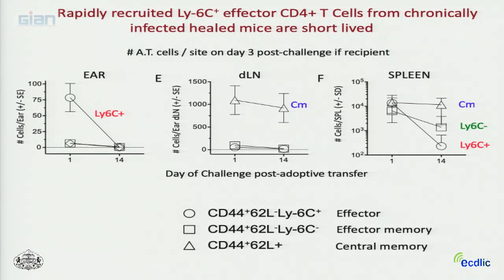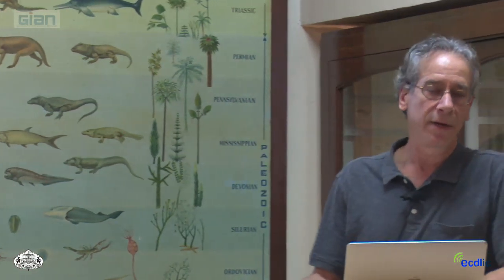The critical experiment here, if we just let the cells sit in that recipient mouse without antigen for 2 weeks and then challenge, you don't find them recruited to that challenge site anymore. So in that 2 weeks, in the absence of any antigen, they presumably just died because they're short-lived cells, and so they need to be constantly turned over.